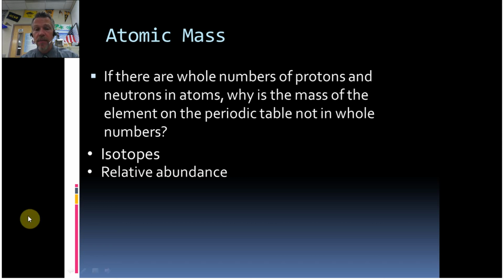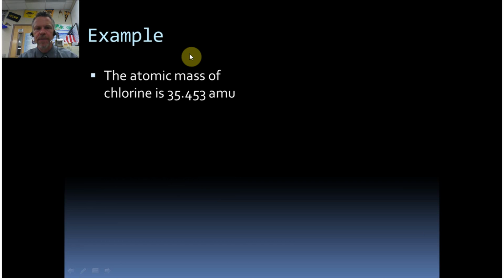So it's very abundant. It has a high relative abundance, carbon-12. And carbon-13 is less abundant, and carbon-14 is even less abundant than that. So there are different levels or abundances of a given isotope. And so there's a way to calculate, based on the number of isotopes and their relative abundance, to find out what that atomic mass should be.